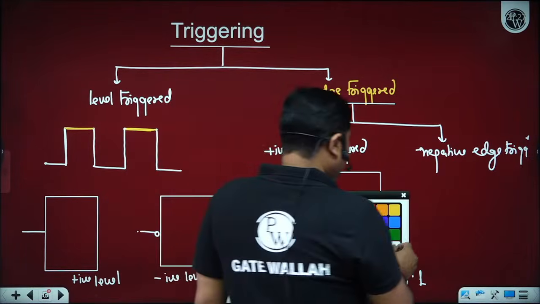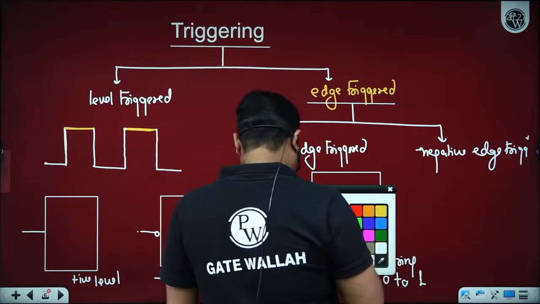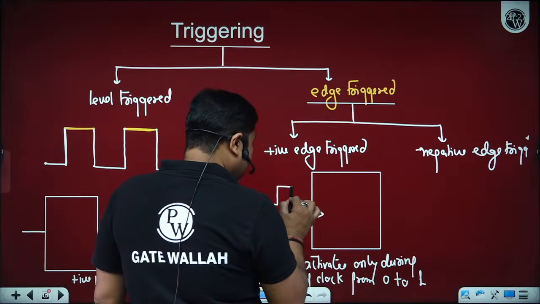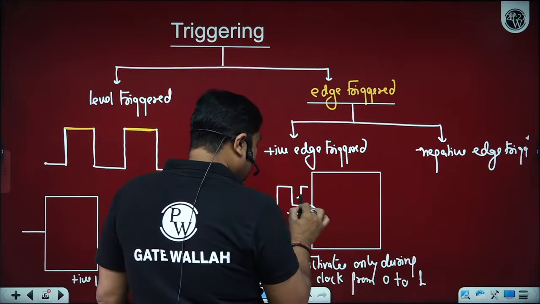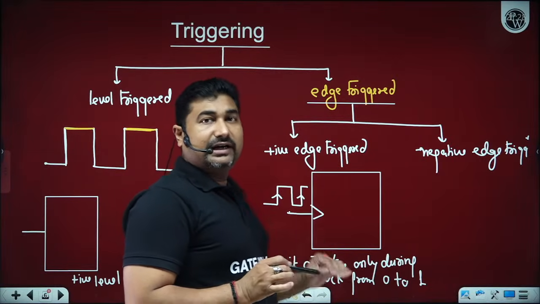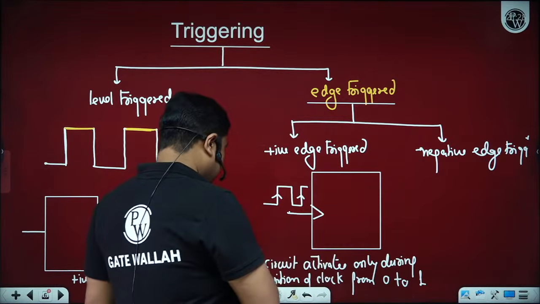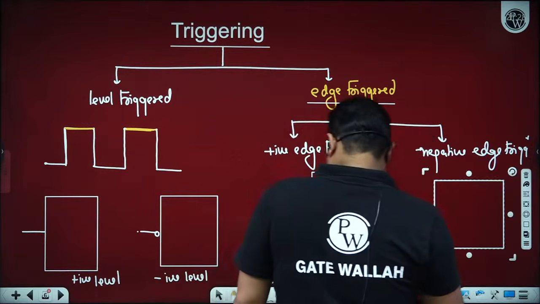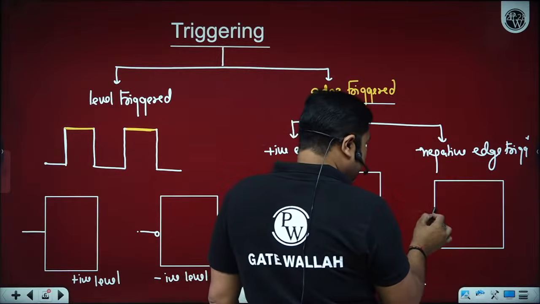Is it okay? If we talk about negative edge triggered circuit, what does it mean? It can be represented in this way. Only during the transition instant the circuit gets activated. However, if we have a negative edge triggered circuit, it will be represented by this symbol.